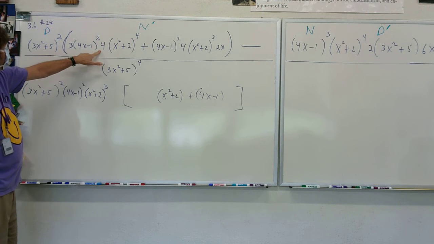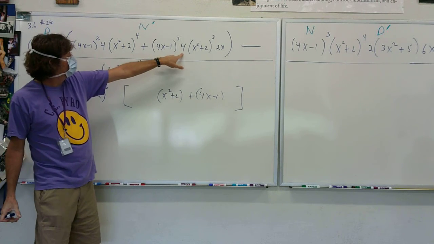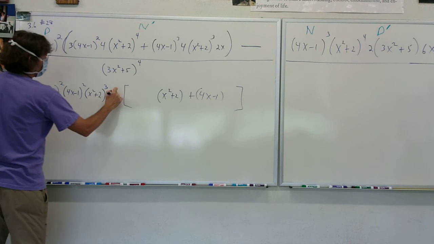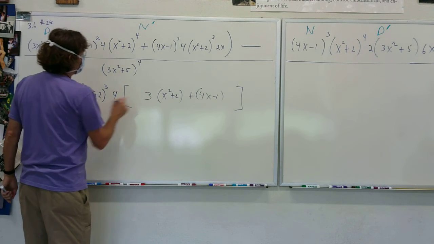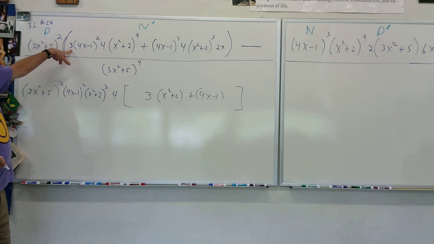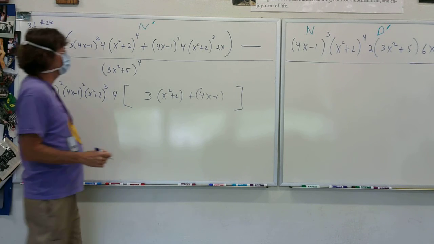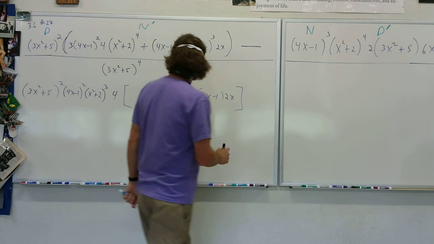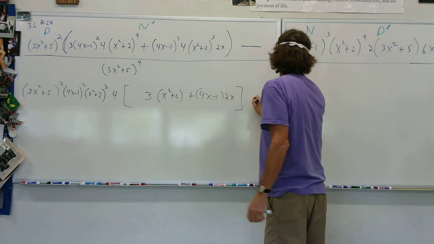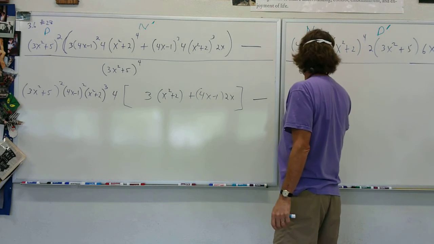I have a 4 here, and I have a what here? 4. And that's going to leave a 3. There's my 3. And it's going to leave a what out here? A 2x. And that still has minus all this.